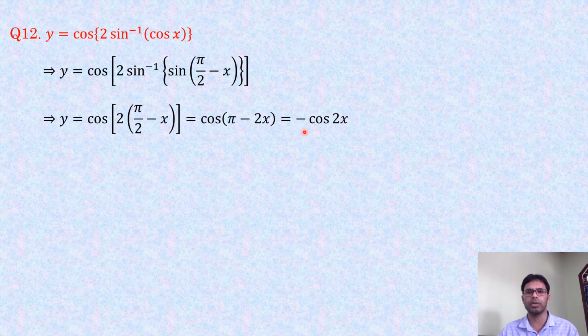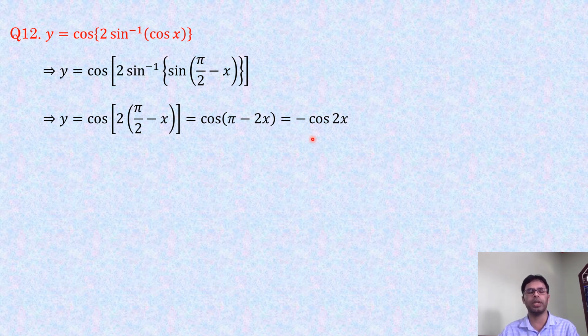Pi minus theta is in the second quadrant, where the cosine function is negative, and that is why it is minus cos 2x. Now y is equal to minus cos 2x.